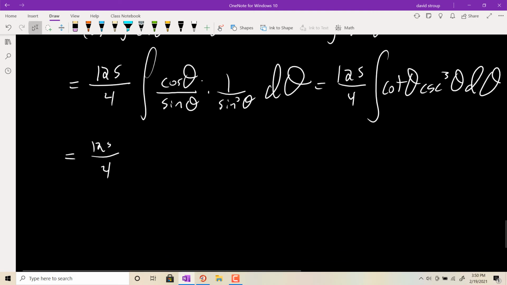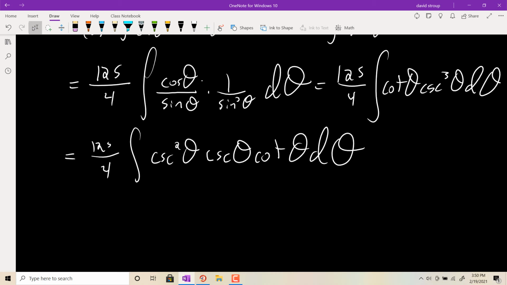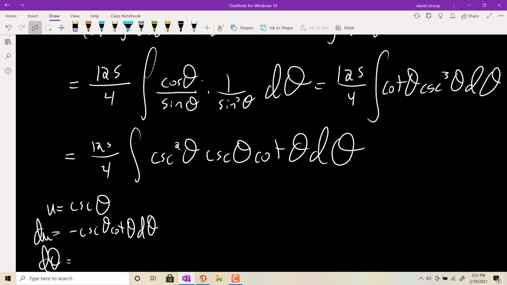I'm going to push back on a cotan and a cosecant, so I'll end up with cosecant squared theta times cosecant times a cotan theta d theta, and then you could do a u sub on your cosecant, and your du will be negative cosecant theta cotan theta d theta, and then your d theta will be negative du all over cosecant theta cotan theta.